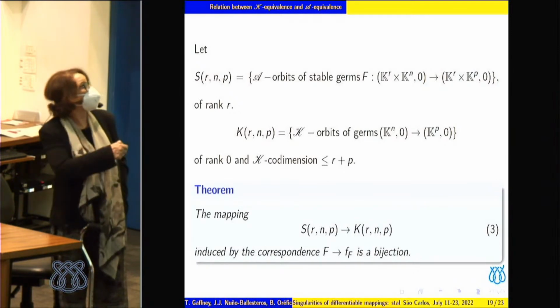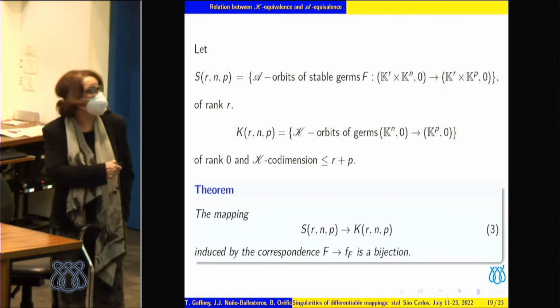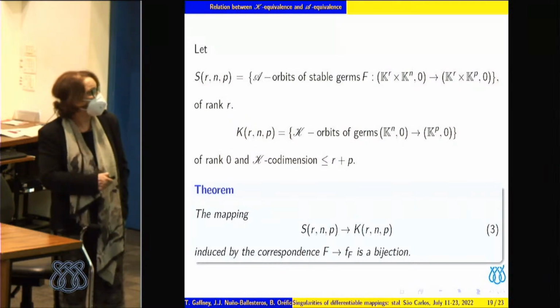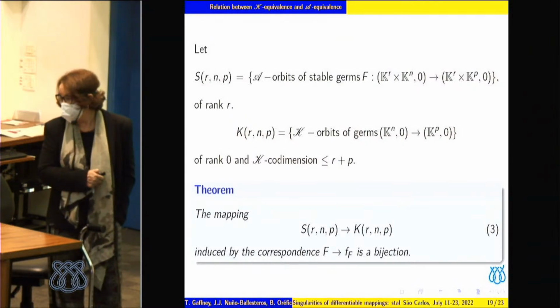This is well defined in this set from the properties we discussed. This mapping is a bijection, right?